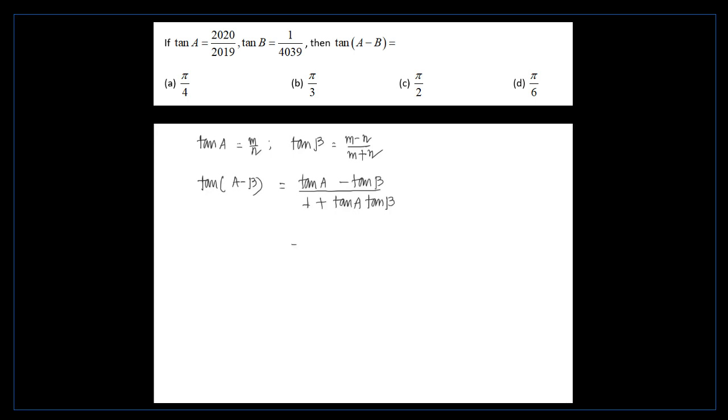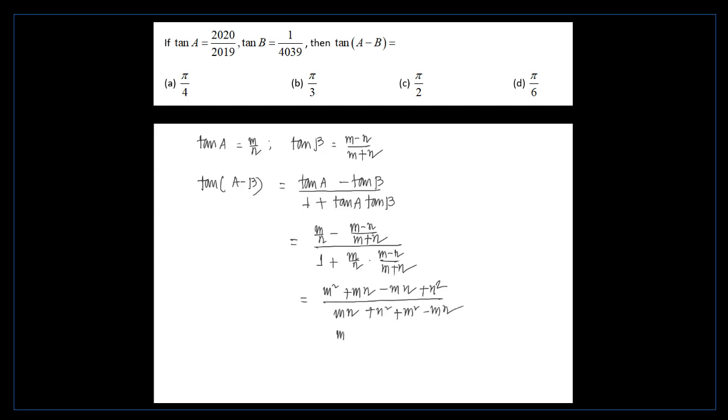Now here if we just put the value, (m by n minus (m minus n) by (m plus n)) whole divided by (1 plus m by n into (m minus n) by (m plus n)), we can write m square plus mn minus mn plus n square, whole divided by mn plus n square plus m square minus mn.